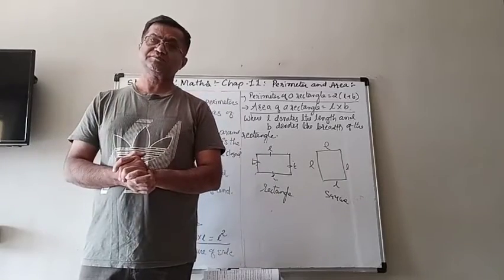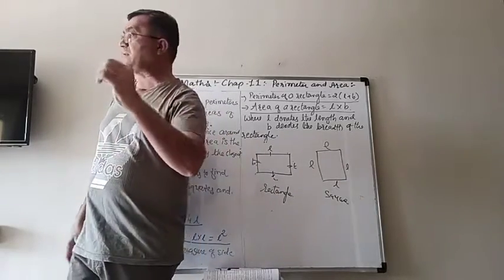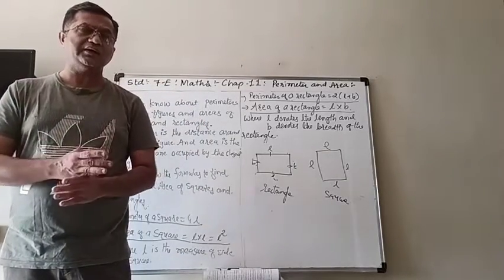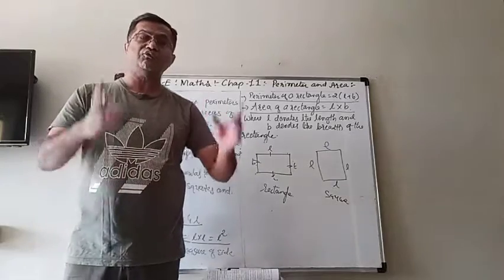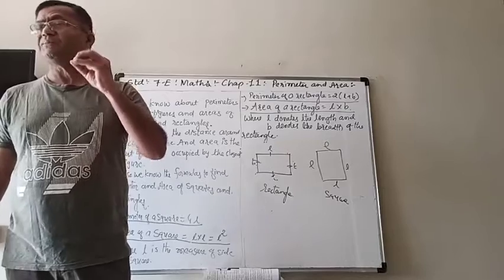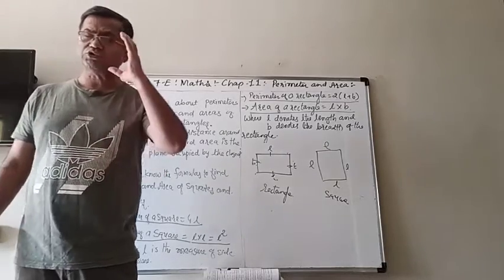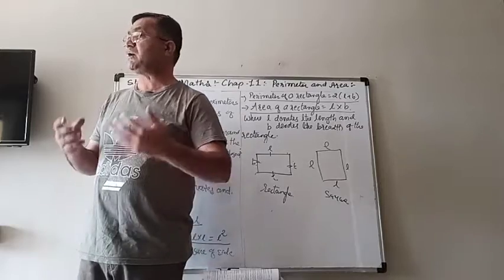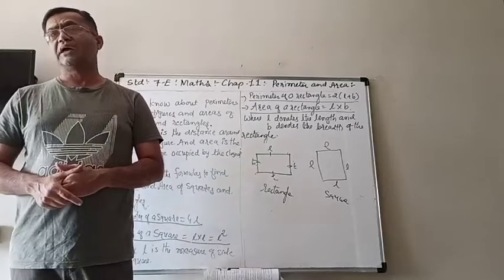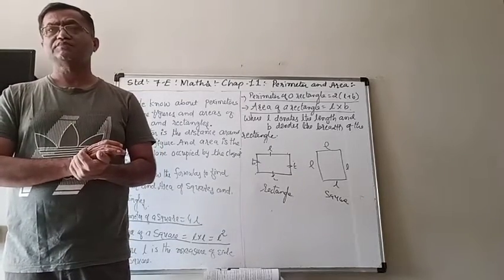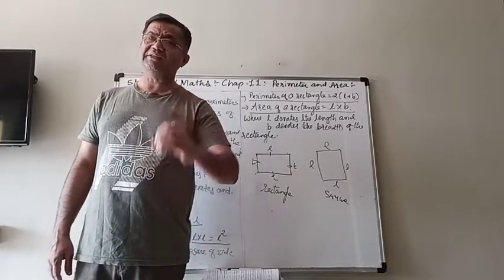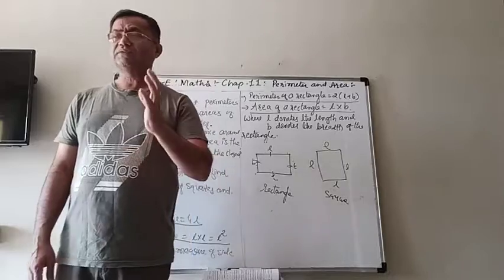But sometimes it will not be directly mentioned that we have to find the perimeter or the area. So now you have to imagine some situations, where that thing may happen, and according to that we have to use the proper formula to find either the perimeter or the area.